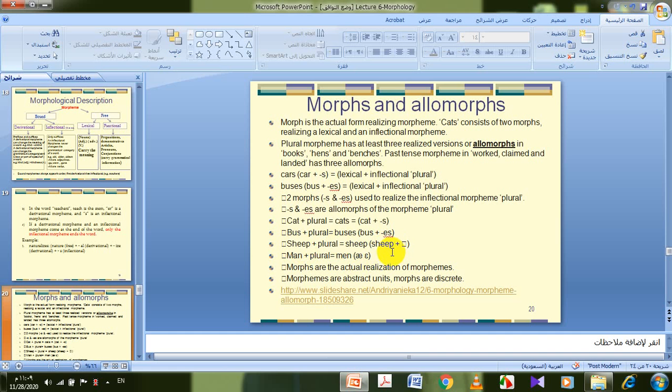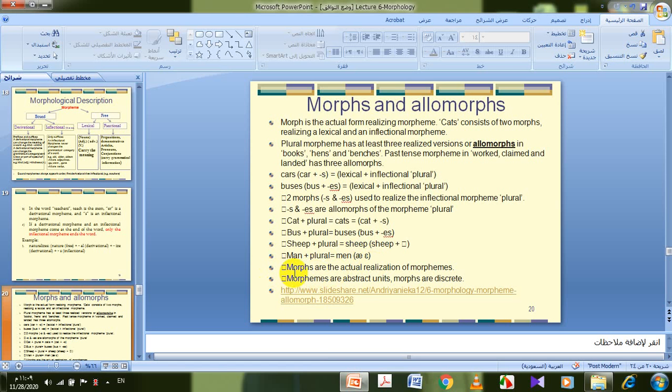Sheep singular and sheep plus plural, the same, plus nothing here. Man plus plural, men.